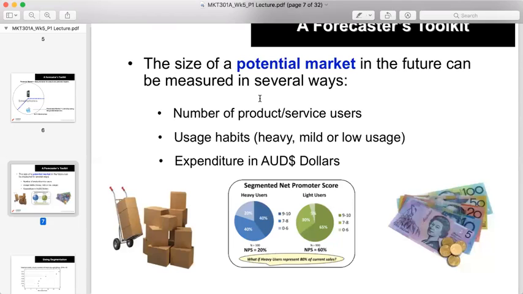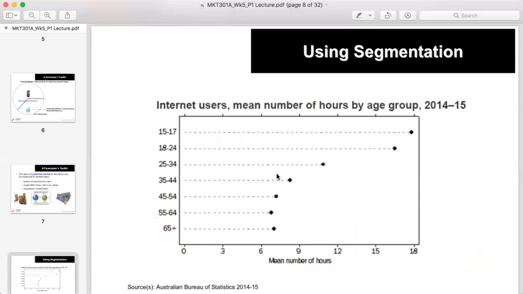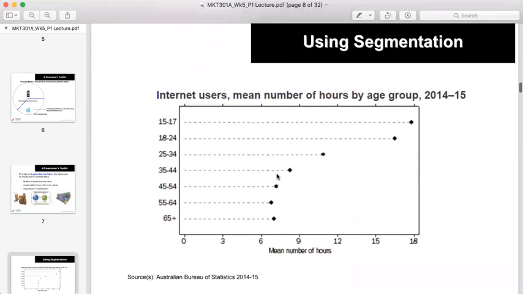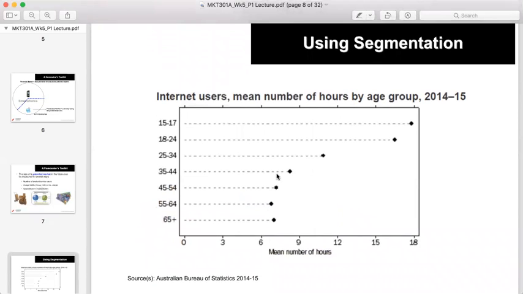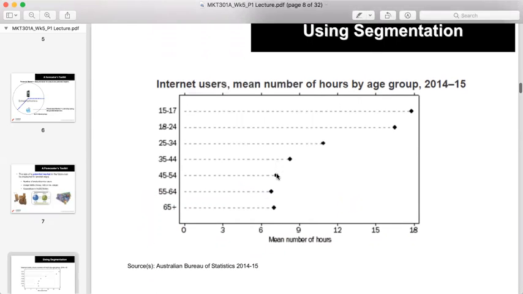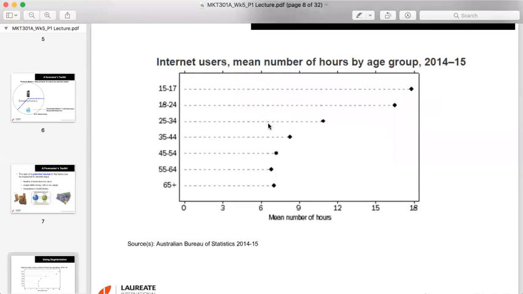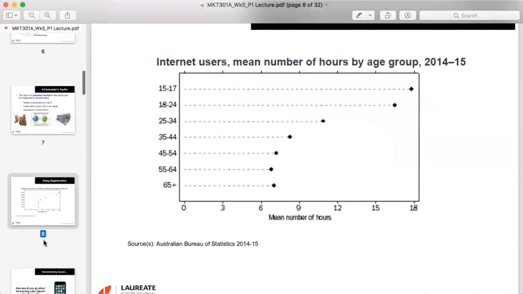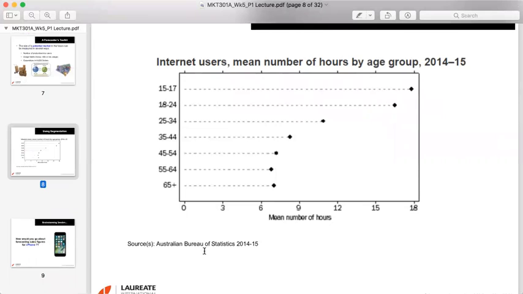So you can use the current products to help guide your market potential analysis. Again, this is another one using segmentation. So here we look at internet users, mean number of hours by age group in 2014-2015, basically. So we try to understand the usage and internet penetration by referring to the Australian Bureau of Statistics in those years.